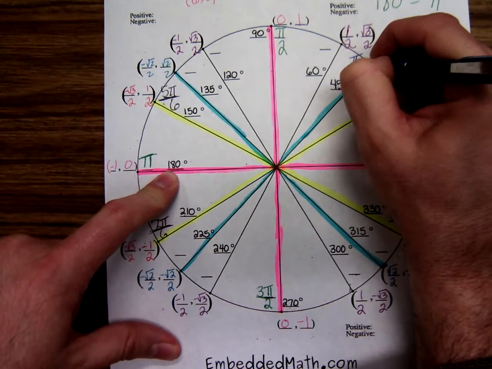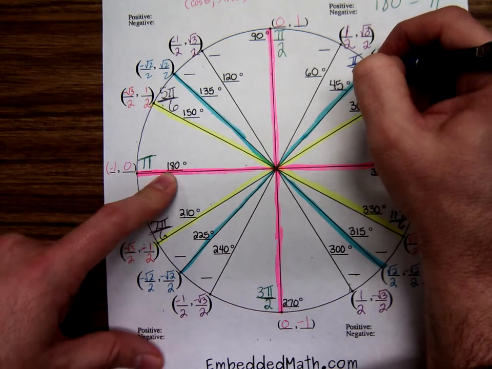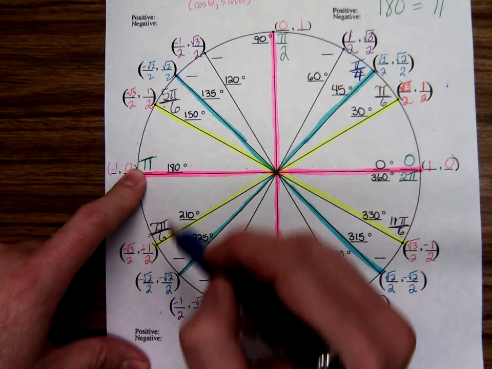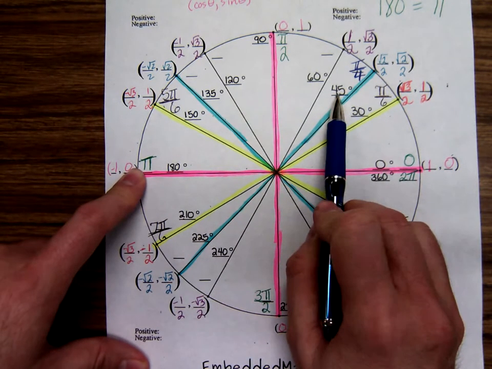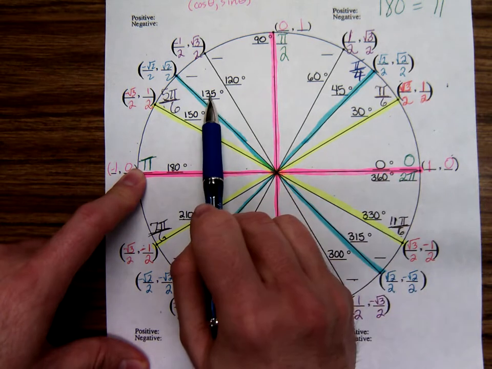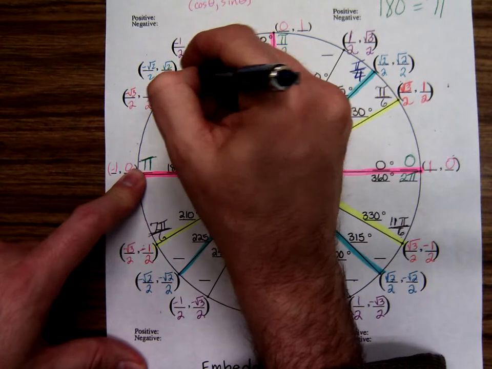That's a pi over 4 I wrote for 45 degrees. Now go around to all the 45 degree ones and use multiplication. What do I multiply 45 degrees by to get 135? 3. So it's 3 pi over 4.